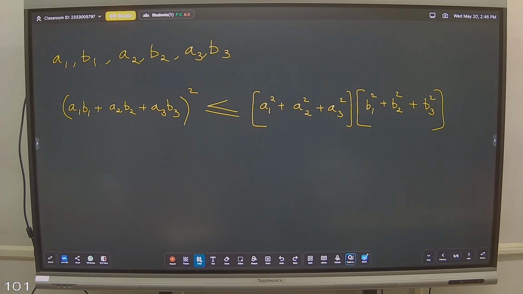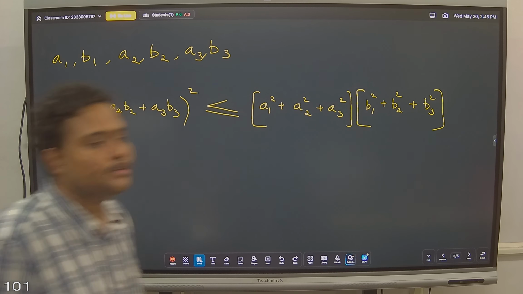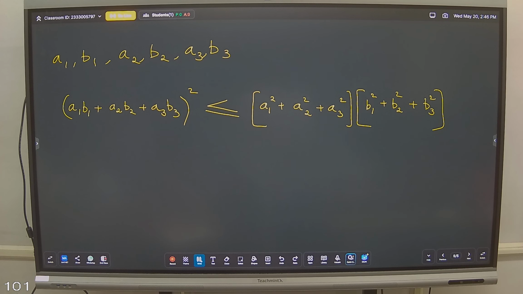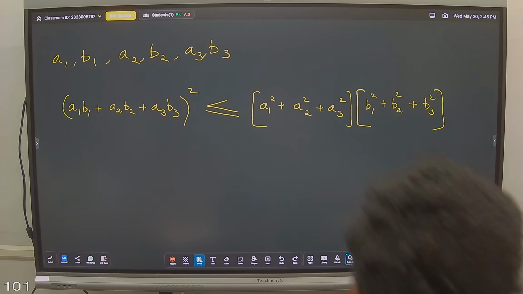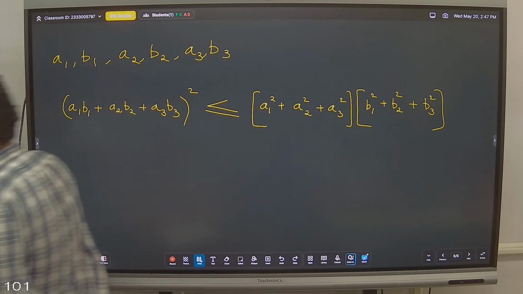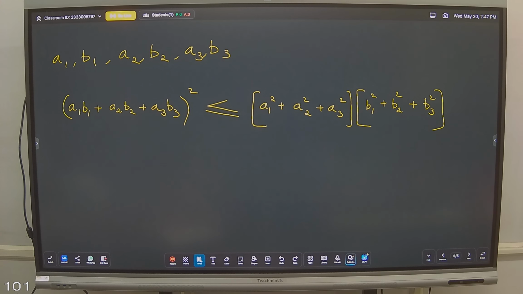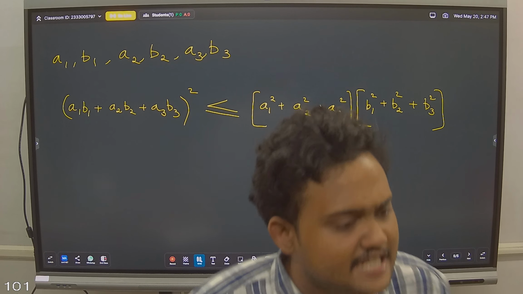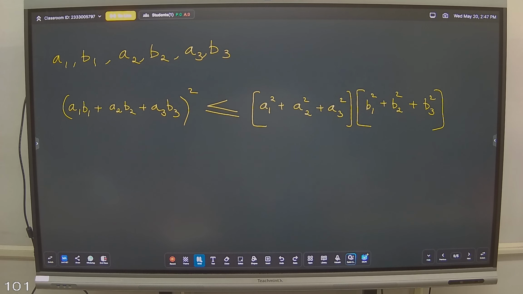You can assume a value, you can check. No, these are all random numbers. These are 6 random numbers.